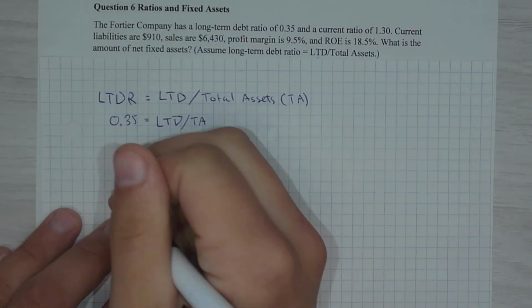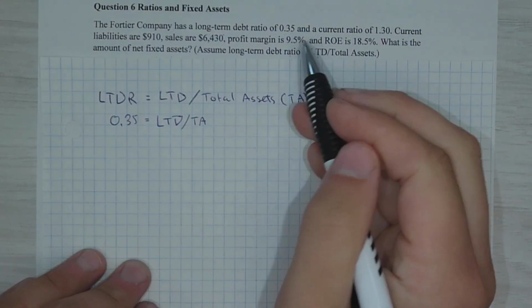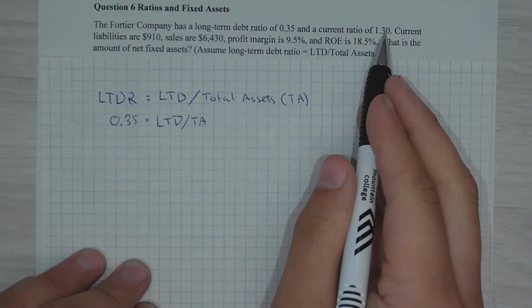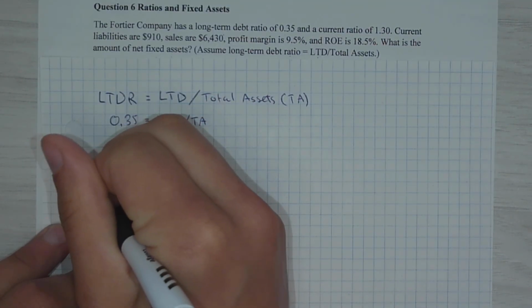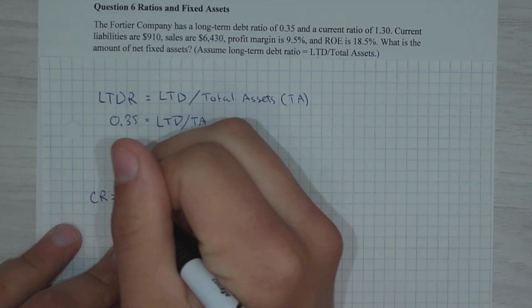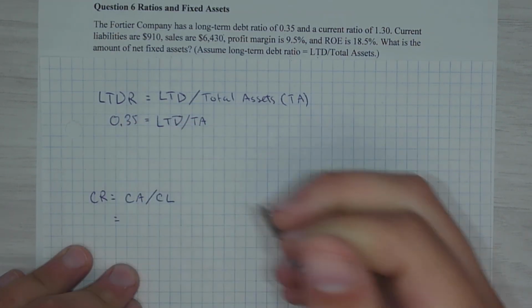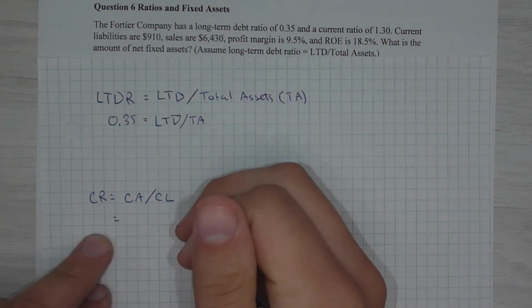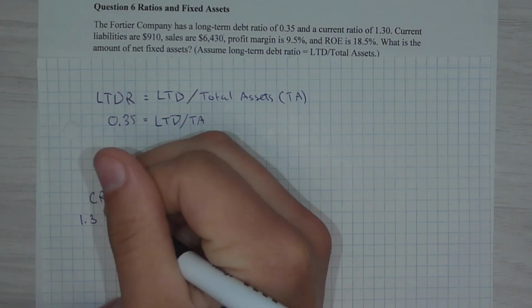So we'll leave some space here, and we'll jump ahead to the current ratio of 1.3. So our current ratio equals current assets divided by current liabilities. Our current ratio is 1.3.